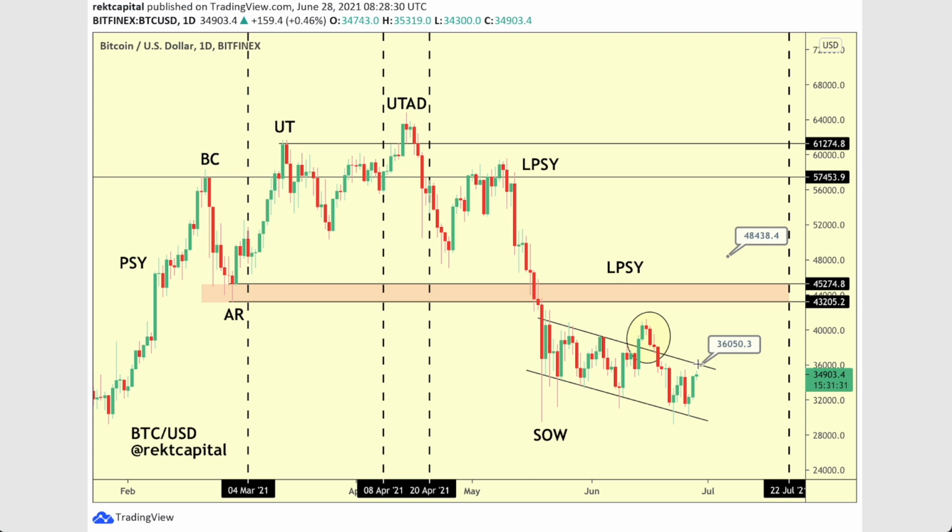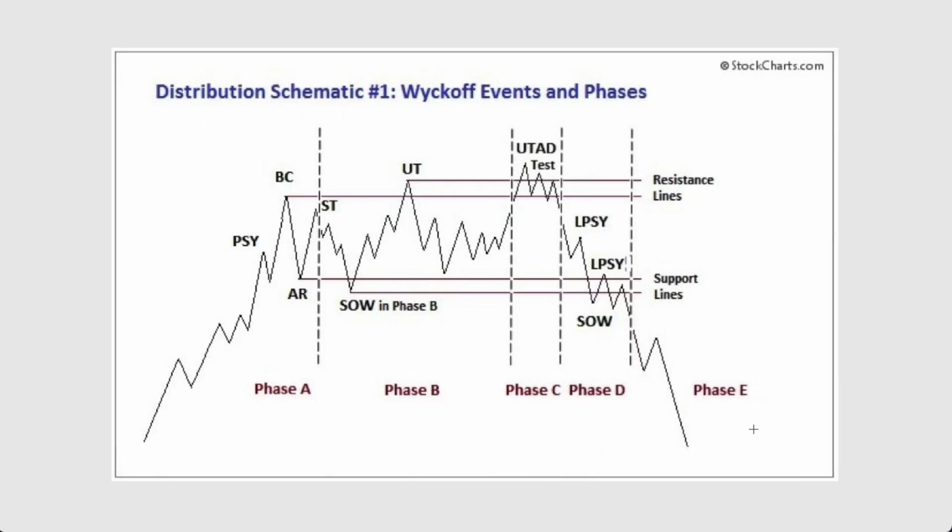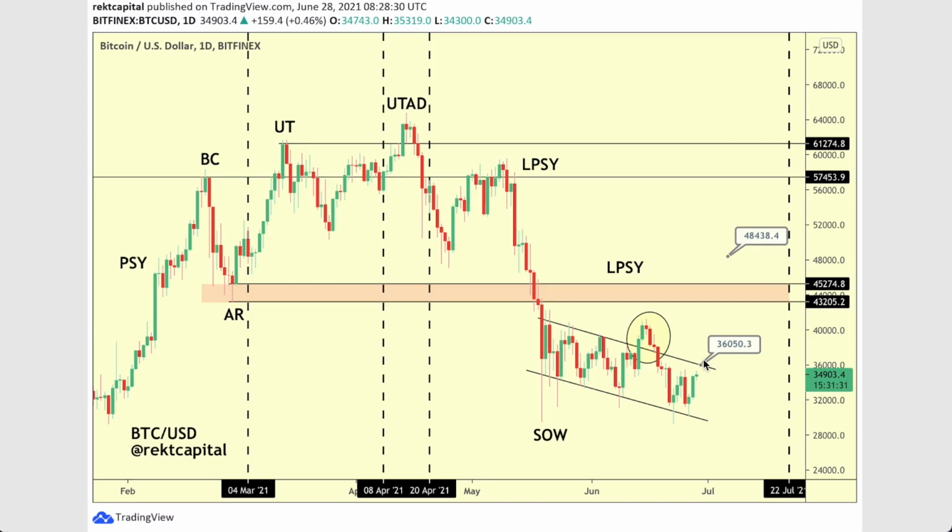And this is an important channel to watch out for, because a case still can be made for Wyckoff distribution. As you guys know from previous videos, we're currently in this phase, arguably, in the distribution through the Wyckoffian viewpoint.